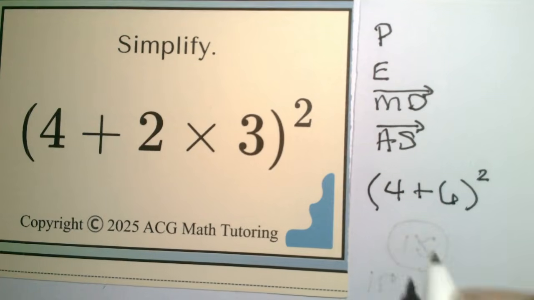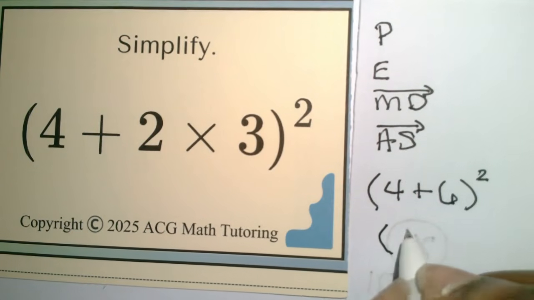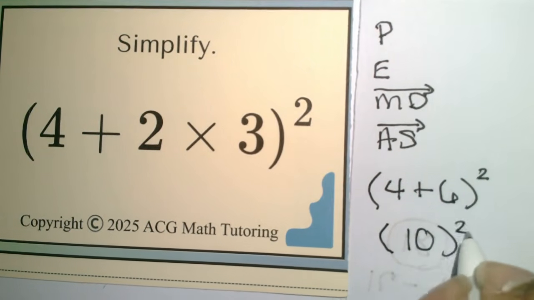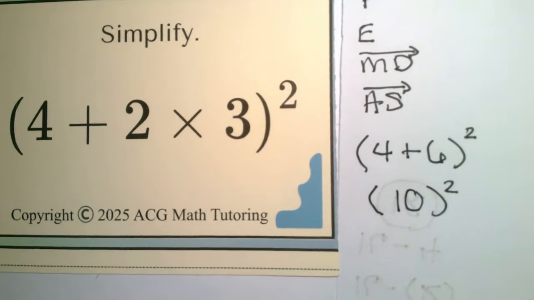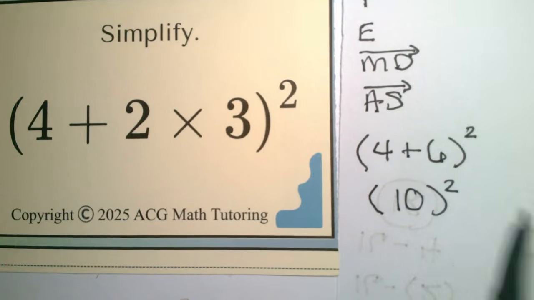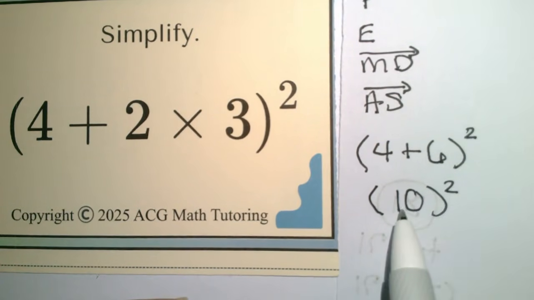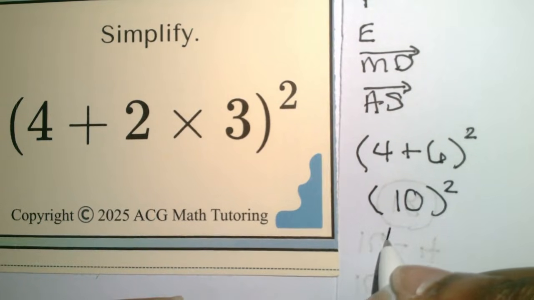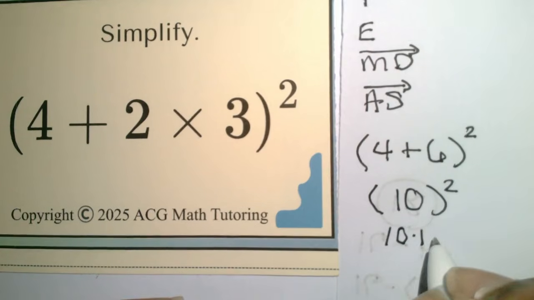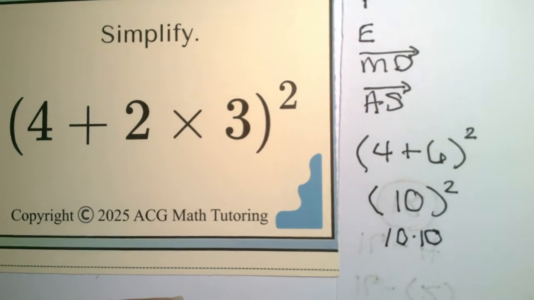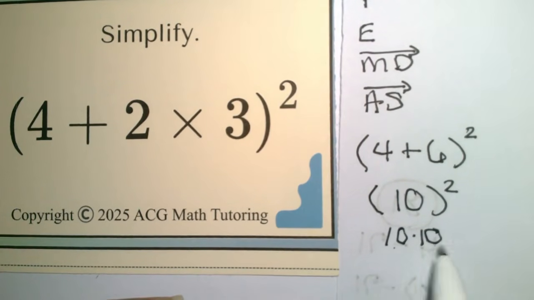Now 4 plus 6, that's still inside the parenthesis, which is our 10. And our 10 squared is not going to be 20. It's not 2 times 10. This exponent is telling this base, I want you to multiply yourself 2 times. So 10 times 10, that gives me 100.